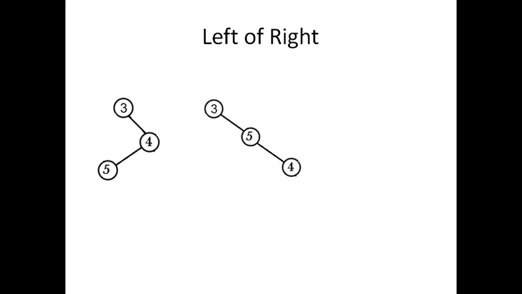So which will become, so now it is a right of right problem, and we have to now rotate it towards the left, making 5 the root. So it's now a balanced tree. Same way, this problem is now the opposite, which is left of right.